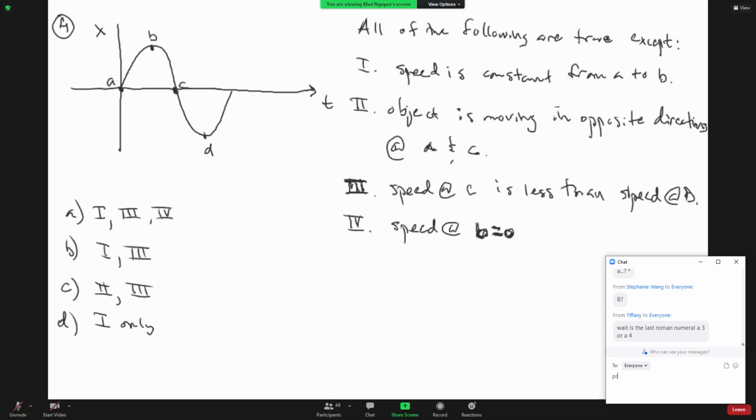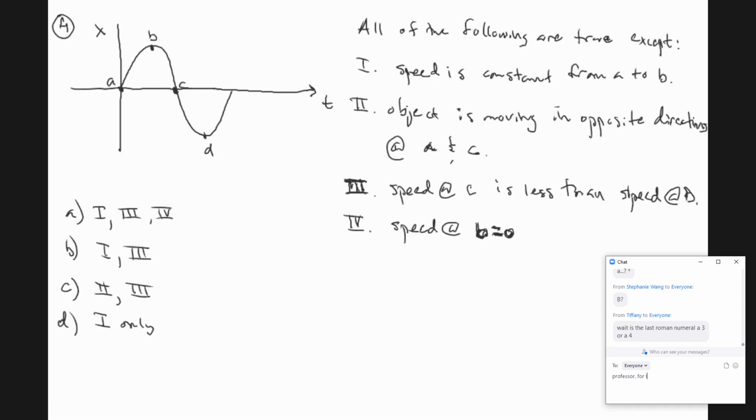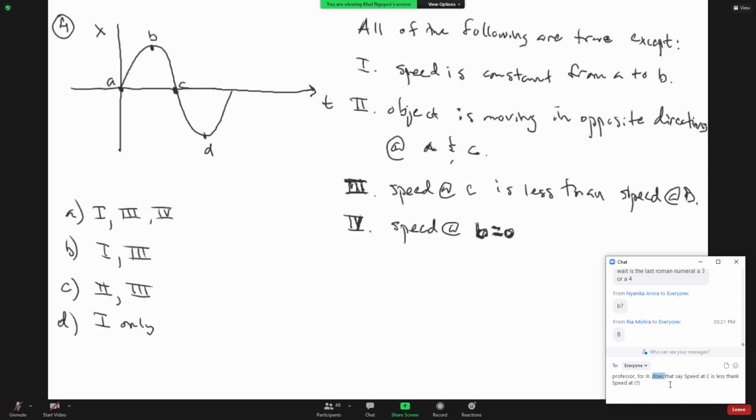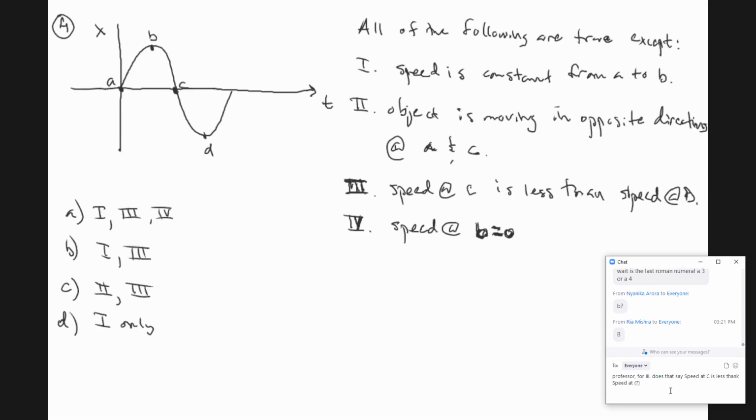Answer choice A is 1, 3, and 4. Answer choice B is 1 and 3. Answer choice C is 2 and 3. And answer choice D is 1 only. And the last one here is 4, speed at D. Sorry about that.